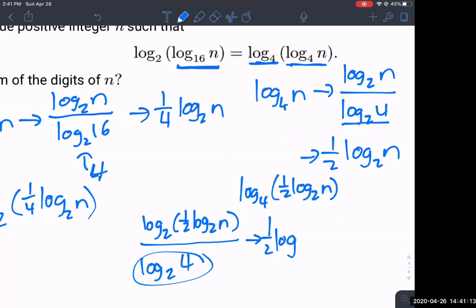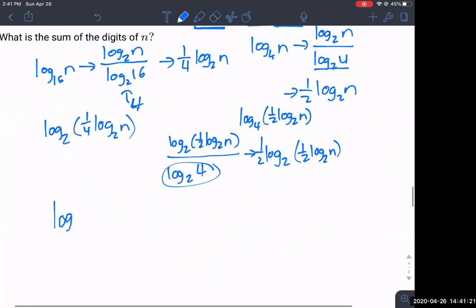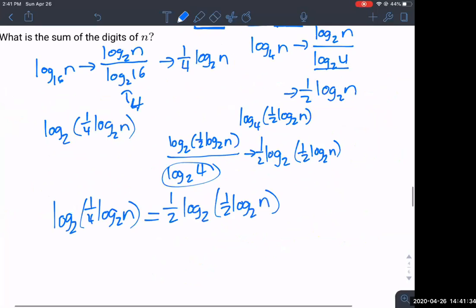Log base 2 of 1/2 log base 2 of n. So we have two expressions, one on each side. We have log 2 of 1/4 log base 2 of n, and we have 1/2 log 2 of 1/2 log 2 n. Messy problem, well, messy expression, but let's see if we can do anything with it.